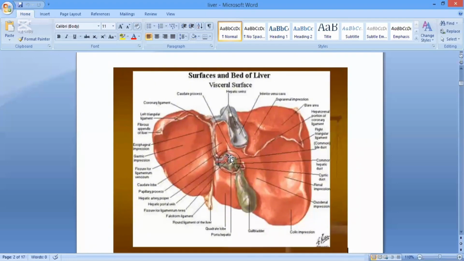Okay? So it gives attachment to the lesser omentum at its margins.